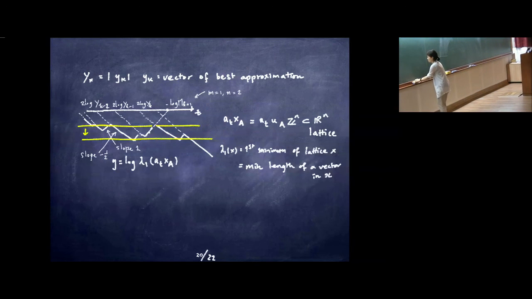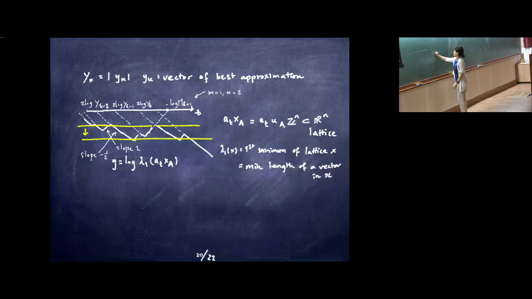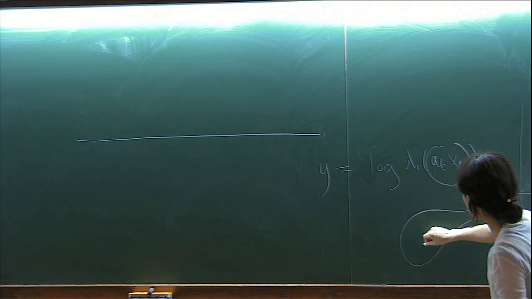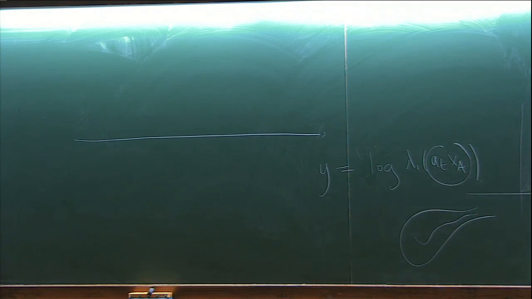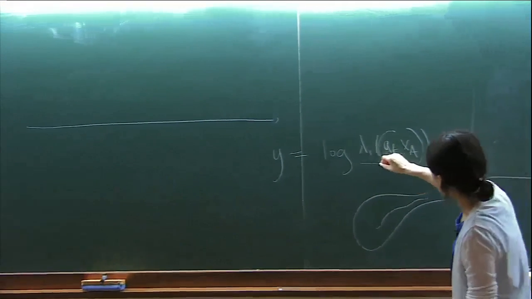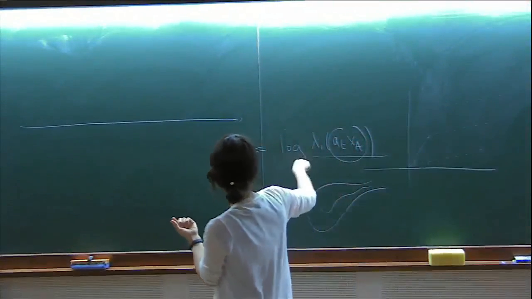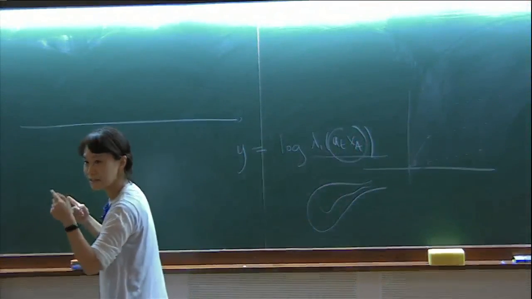So this is y equals log of lambda 1 of atxa. You have some diagonal orbit, and this is the length of the shortest vector. It is attained by some vector inside the lattice.